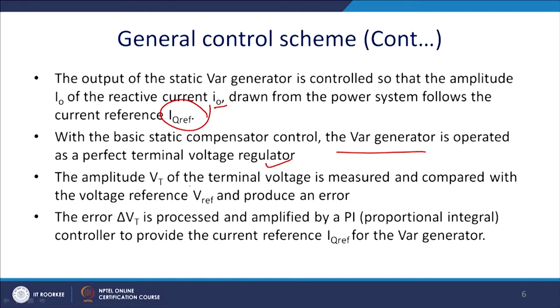The amplitude Vt of the terminal voltage is measured and compared with the reference voltage Vref to produce an error. This error is fed to the PI controller, which provides the current reference IQ ref for the compensation of the var. This is the principal operation of this SVC.